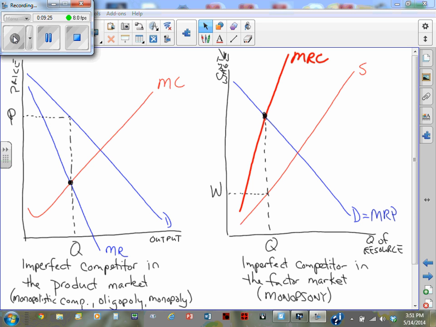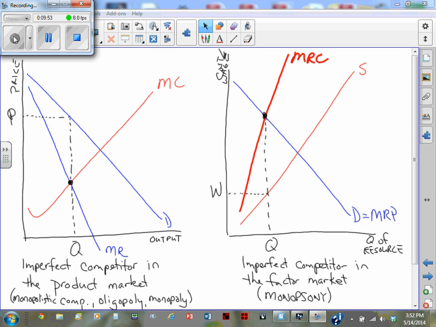And what ends up happening is we end up with these curves inside. Our revenue or our marginal stuff is inside some other curve. In the case of the factor market, it's the marginal resource cost is inside supply. Remember, supply is related to costs. And our marginal revenue is inside demand in our product market.